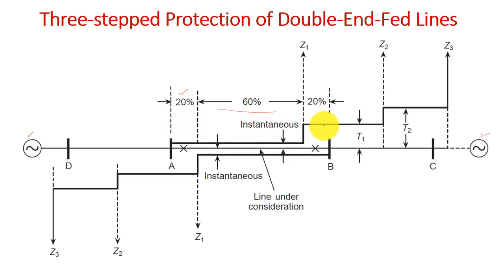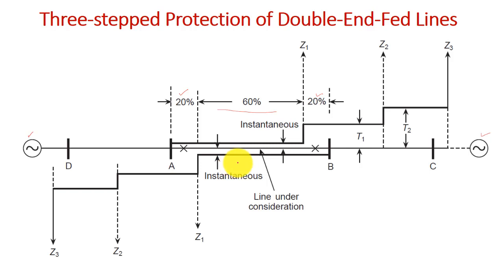And similarly for 20% towards end B, relay B will in fact operate instantaneously, but the remote relay A, which is remotely placed from the fault location, will in fact operate in a delayed manner, right? So that is how we can see the three-step schemes. This is for relay A, this is for relay B, right? Okay, so Z1, Z2, Z3, how they are set.